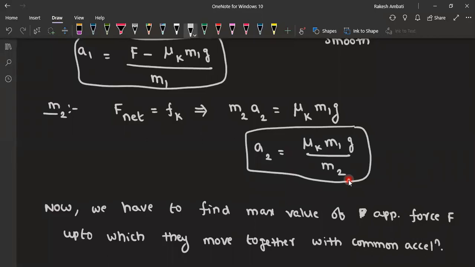They move together with common acceleration.